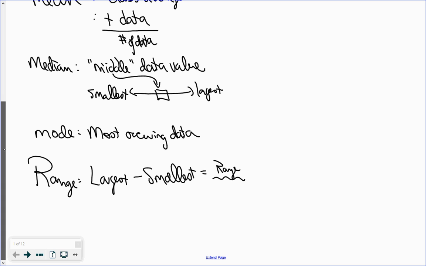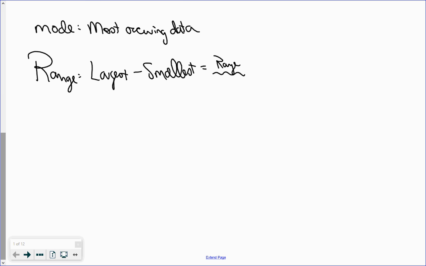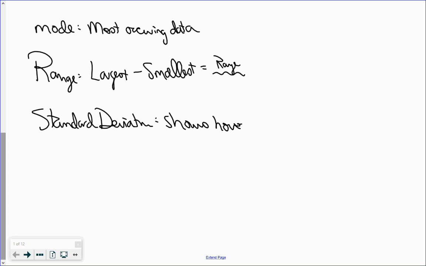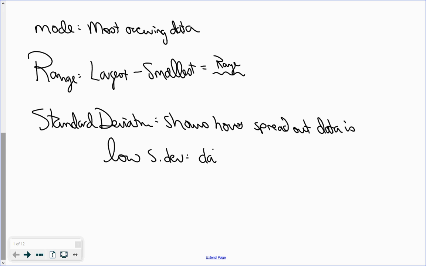And then the new one that you probably haven't seen before is standard deviation. Standard deviation shows how spread out the data is. If you have a low standard deviation, then that means that all the data is close to the mean.